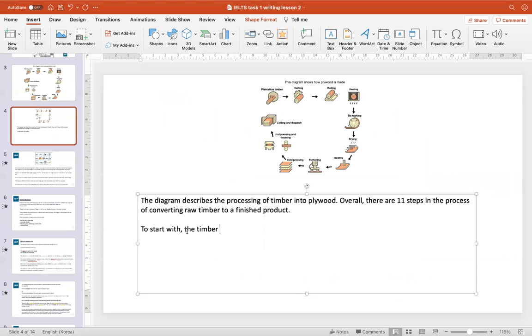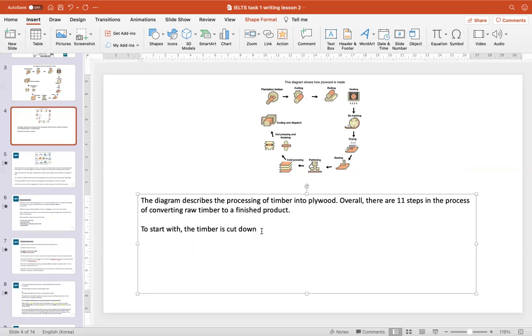What will be the verb? The timber was cut down. Okay. Because in a process like this, we should use the present tense, unless we know that it has actually happened in the past. If you're describing a general process like this, keep it in the present tense. Okay. Timber is cut down.